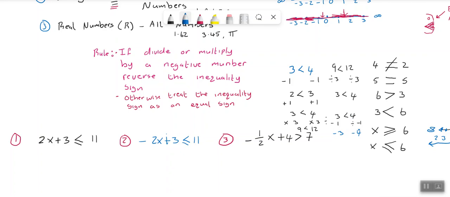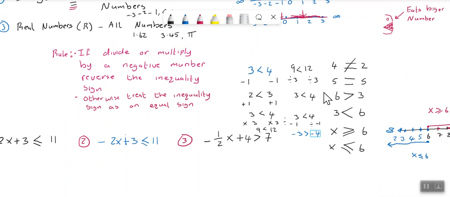Now the problem with that is that negative 3 is actually bigger than negative 4. If we look at a number line, negative 3 will come after negative 4.